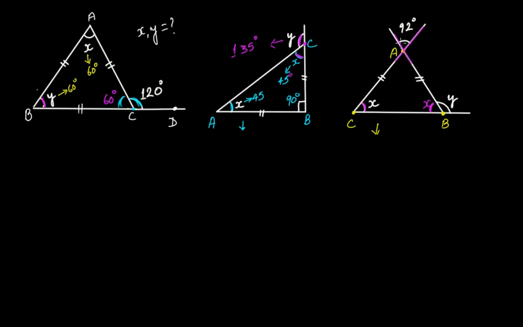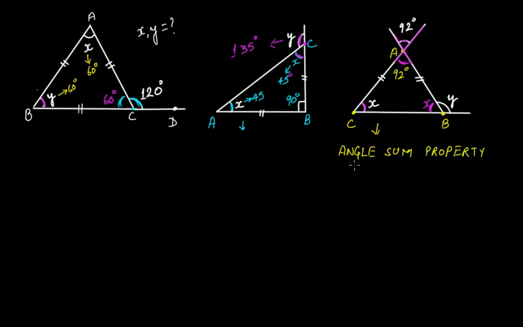Can you see that this angle and this angle will be equal? Why? Because they are vertically opposite angles. So this will also be 92 degrees, right? Now apply angle sum property on this triangle ABC.